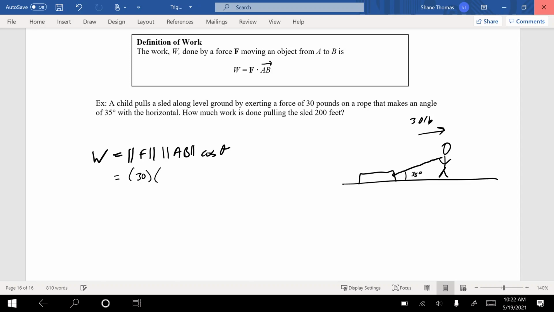How far are we going? 200 feet. That's the magnitude of that direction. And then we want the cosine of what angle? 35. Punch that all into a calculator. It's going to take 4,915 foot-pounds of force to take that sled 200 feet. Foot-pounds is just a unit of measurement.